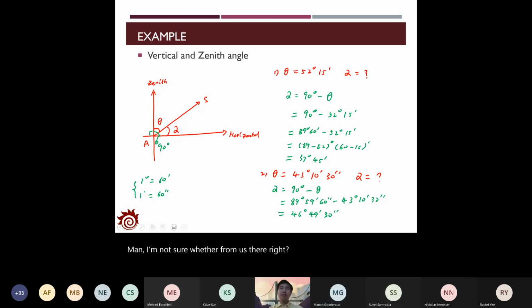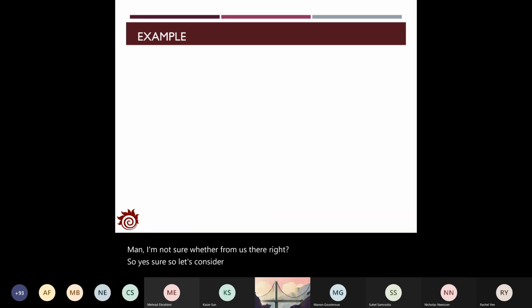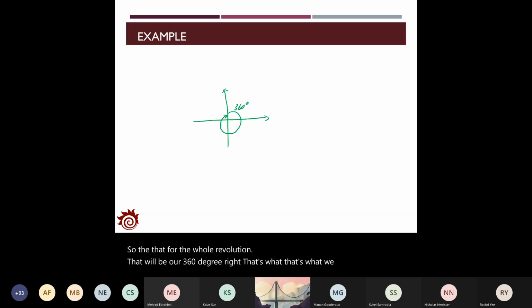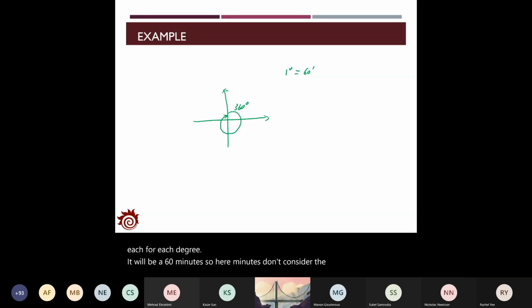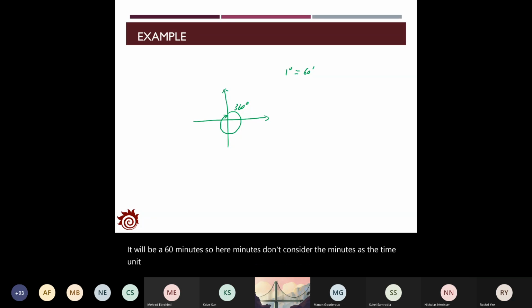Yes, sure. Let's consider the whole revolution. You know that the whole revolution is 360 degrees, right? That's what we defined. And each degree is 60 minutes. Here, don't consider the minutes as a time unit. It's an angle measurement.